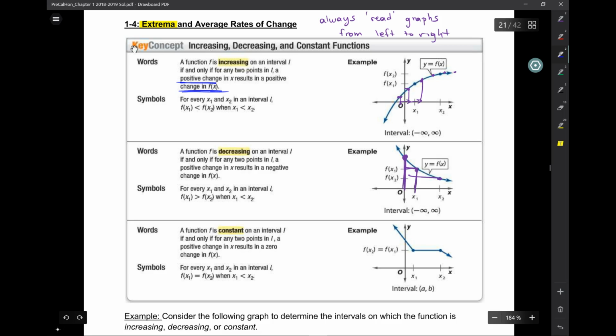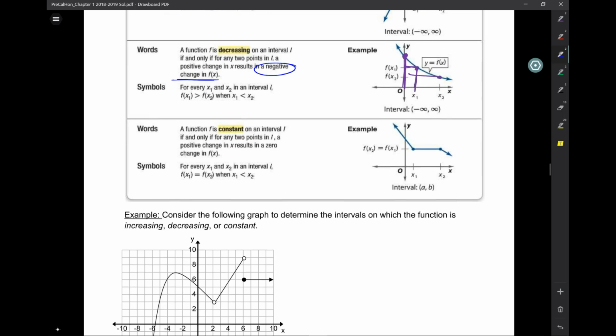Here, a positive change in x results in a negative change in y. That means it's decreasing. If there is no change in y, we say the function is constant. Zero change in f of x means the function is constant. So in this part of the graph, we say the function is constant.